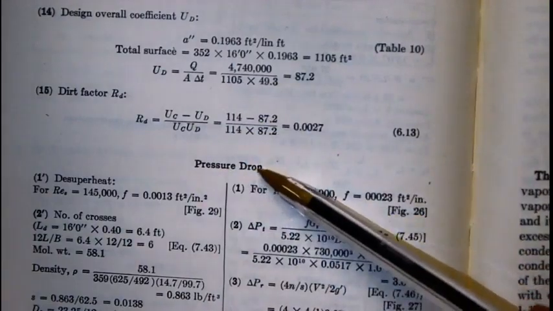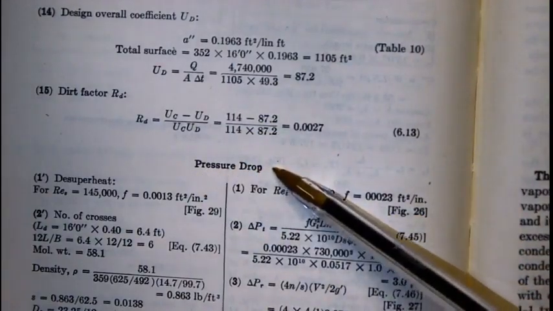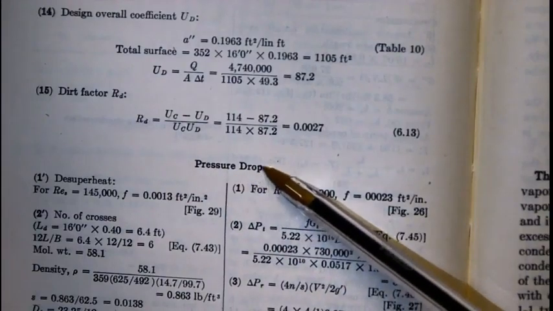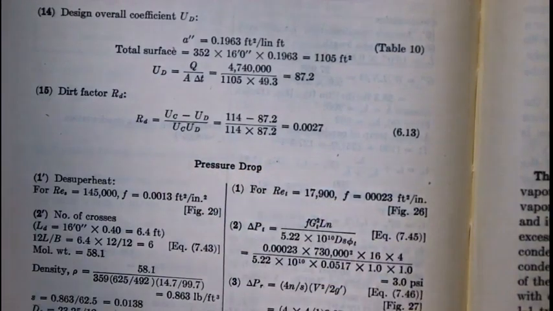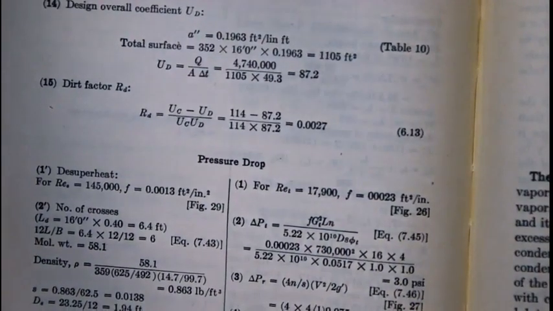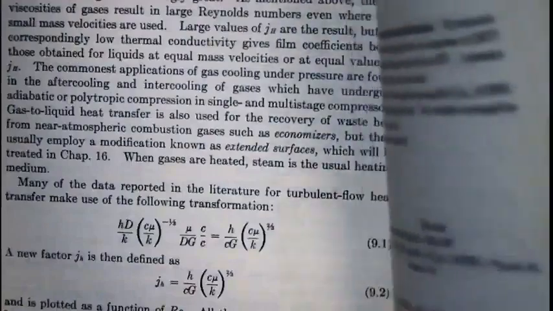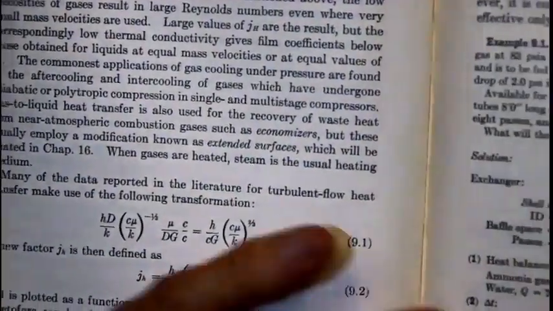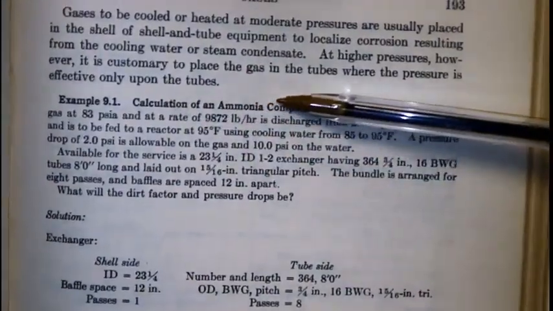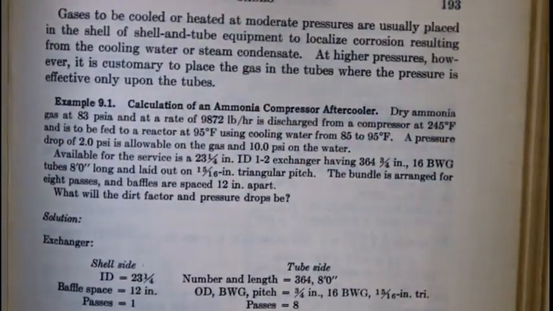I need pressure drop because pressure drop times volumetric flow rate is power. It gives me an idea how much power I'm going to use to run this condenser over a period of a year. And I can go through here. These are all excellent examples; here we have the calculation of an ammonia compressor aftercooler.